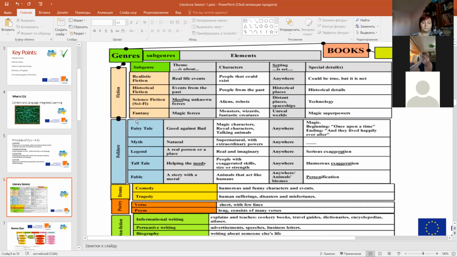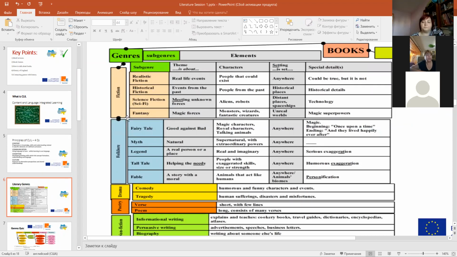You understand that the division into genres differs in different cultures. We're taking here the British and the American division into genres. And you see that there is a genre, and each genre is divided into subgenres.